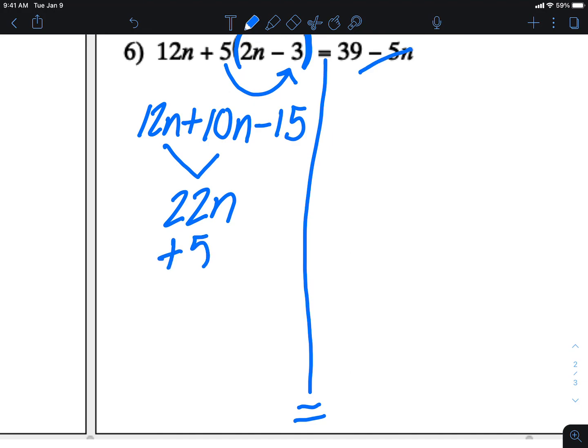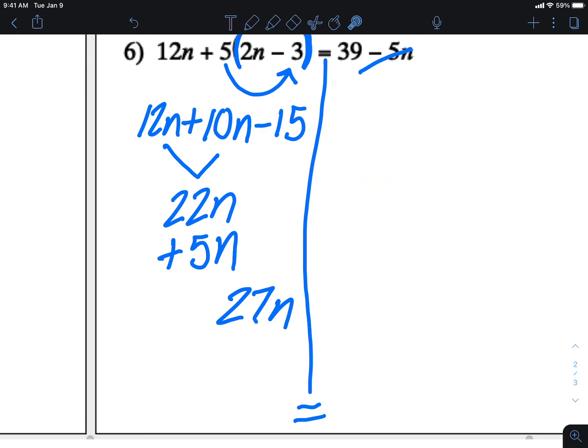So 22n plus 5n is 27n. So my n's are clearly here.